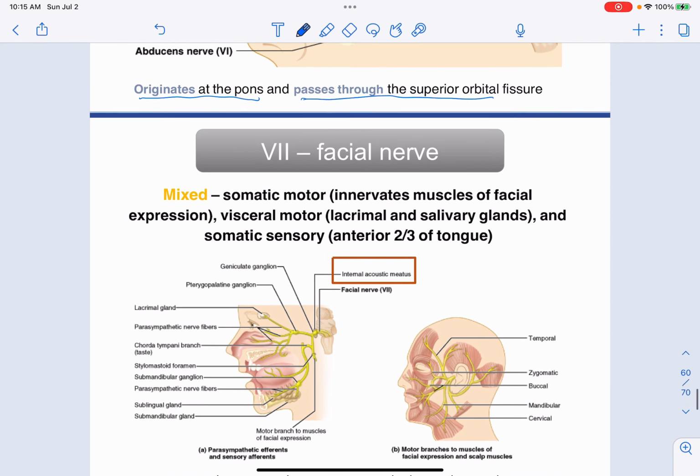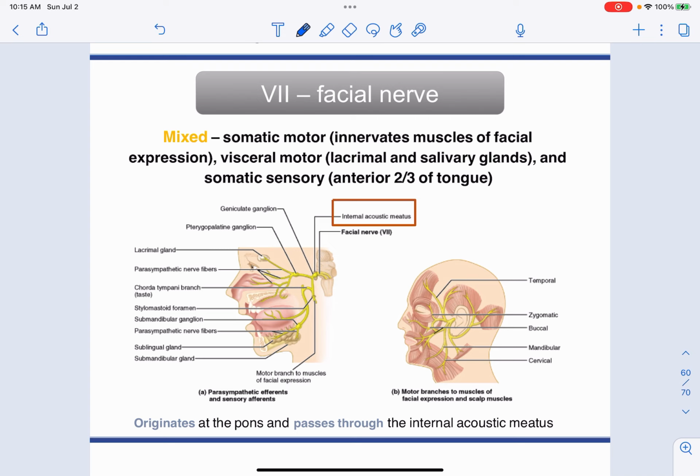The 7th cranial nerve is called the facial nerve. This is a mixed nerve, so it's going to carry both motor and sensory information, but it carries quite a bit of information. So let's work through that. It has some somatic motor information. It's going to innervate the muscles of facial expression.